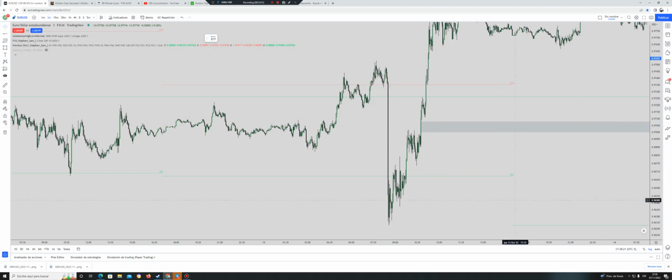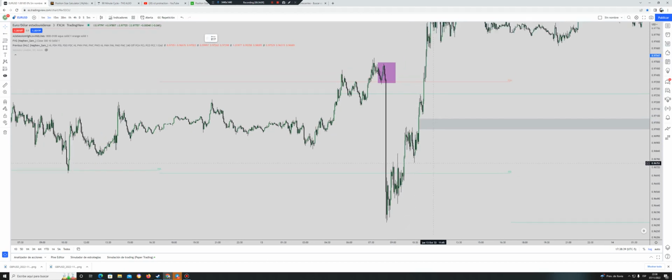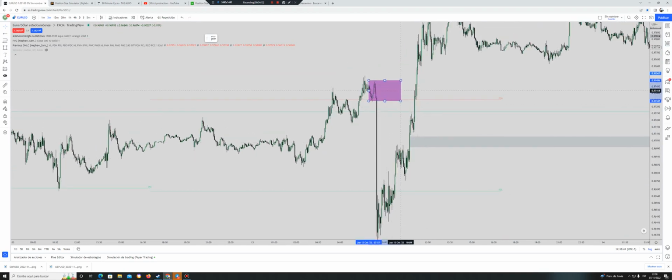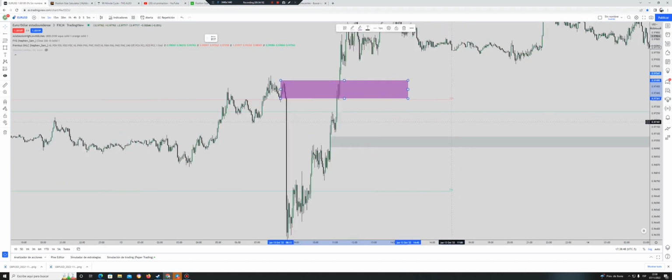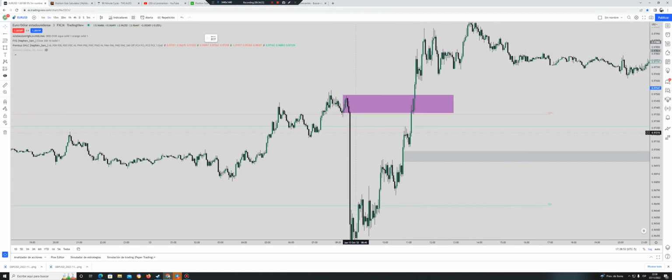When big news and a big move happen at 8:30, as this one here, what price is going to do most of the time is take all those orders, all those stops, and all those people trying to trade the move, because most of the people are going to try to trade it.